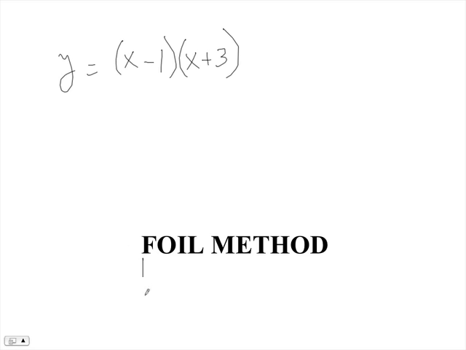F stands for first. What are we doing here? We are distributing. We're going to multiply these two things together, right? How do you multiply one binomial times another binomial? Well, FOIL. First, outer, inner, last.